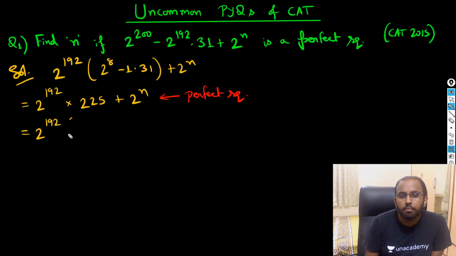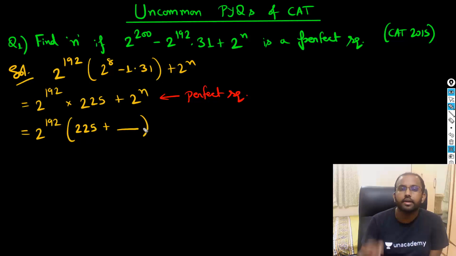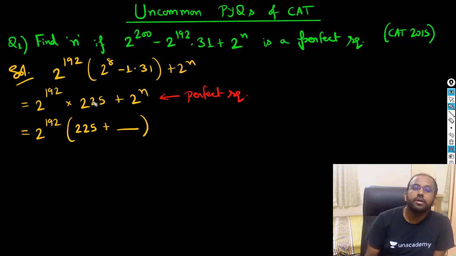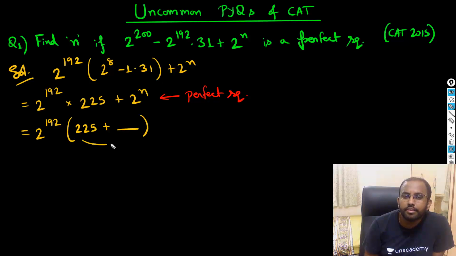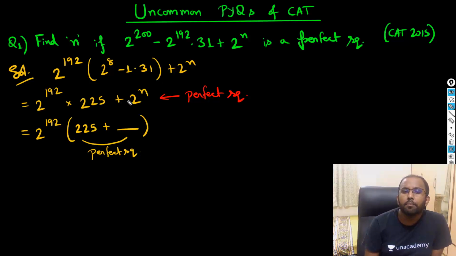Then I'm left with 225 and something should come inside the bracket. That's how your mind should work here, that something should come inside the bracket such that this term becomes a perfect square. So 225 plus some term should become a perfect square.